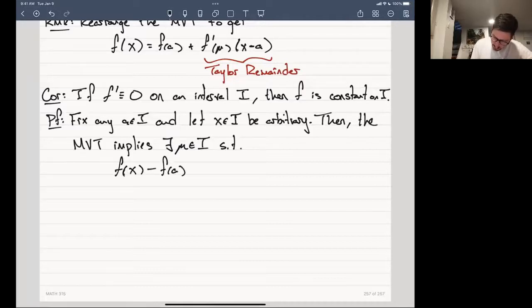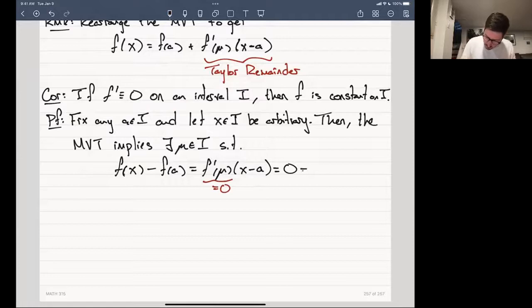So I get f of x minus f of a equals f prime of mu times x minus a. But my derivative, maybe I'll just put this in red underneath, is equal to 0 everywhere in the interval. And so mu is in the interval. This is equal to 0, which tells me f of x is equal to f of a.